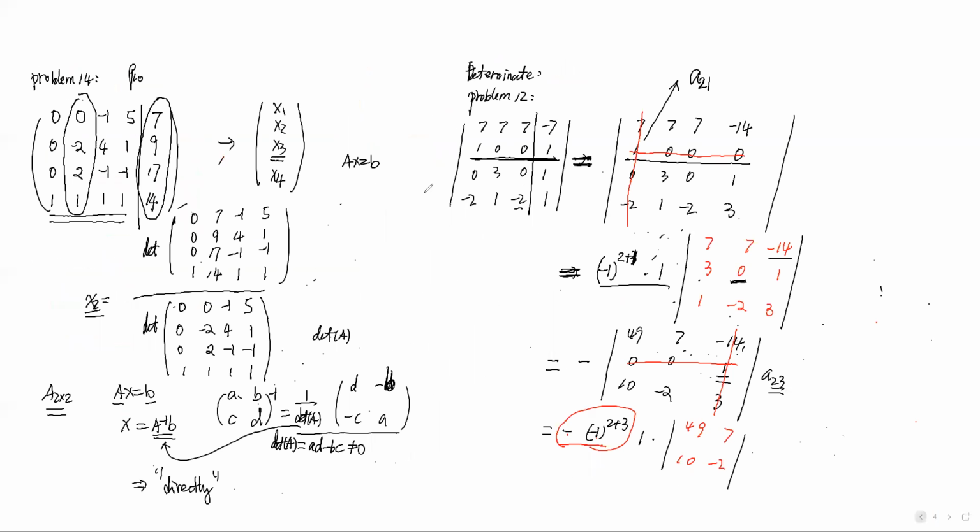One more thing, because there is a problem: how to expand the determinant along some rows and columns? If you look at the solution, for example, which problem? Suddenly I didn't find it.